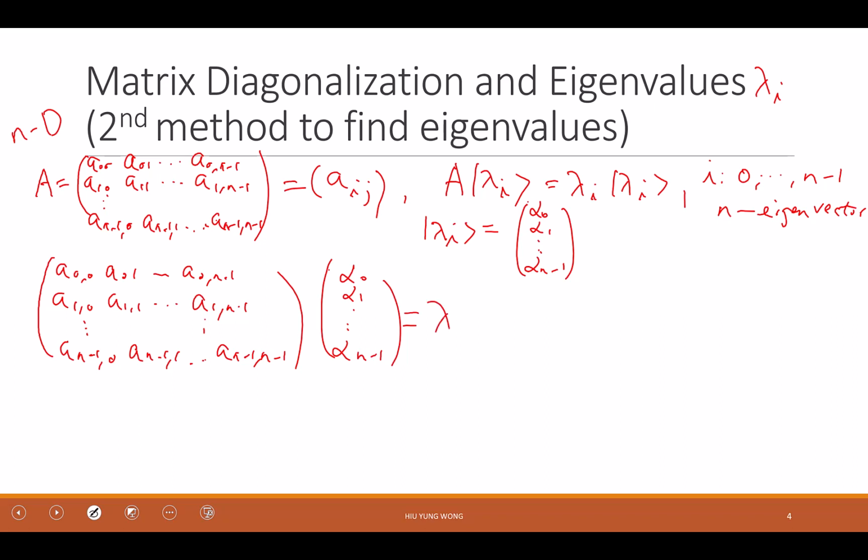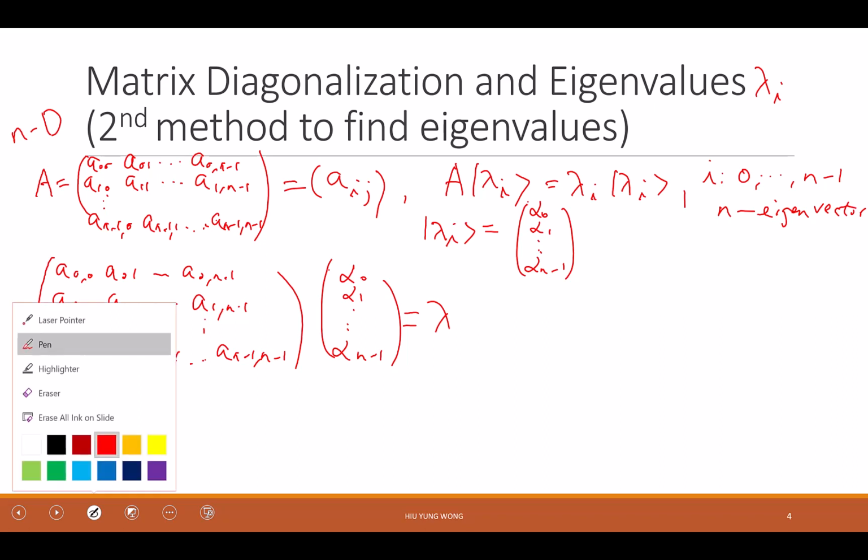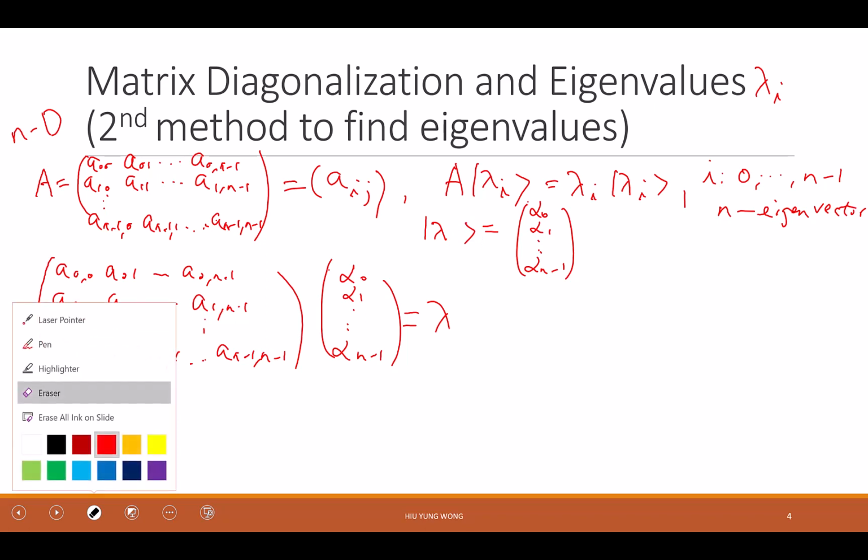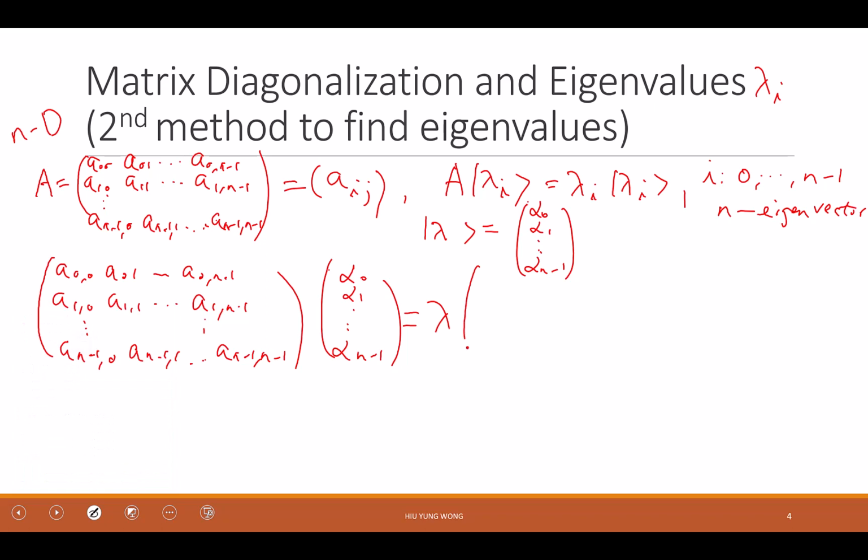Actually, I don't want to call this lambda I, because the I can confuse. I just call it lambda, one of them, times alpha 0, alpha 1, all the way to alpha n minus 1. Is that okay? Practice this because you need to be very familiar with it.